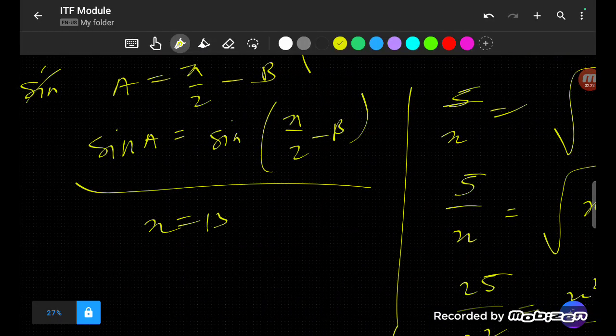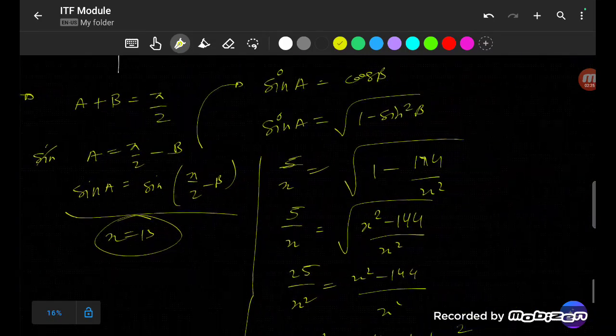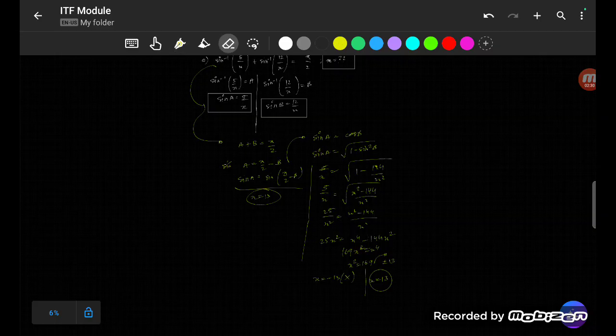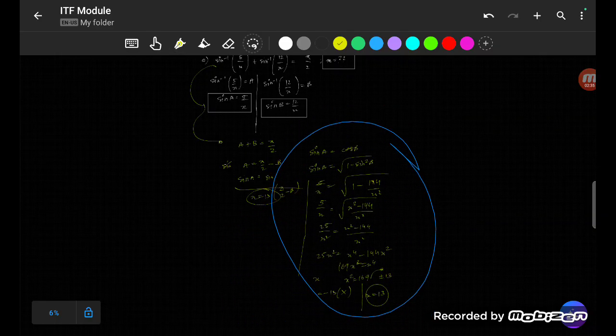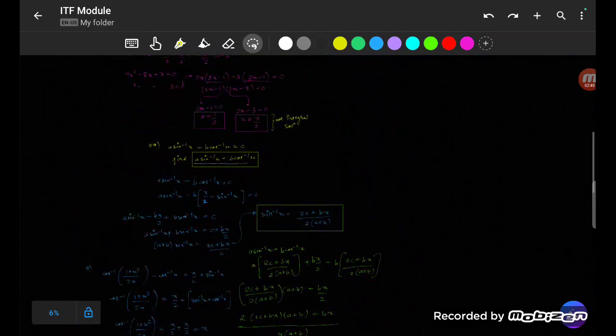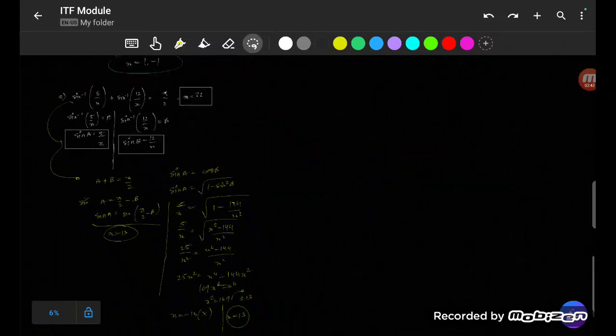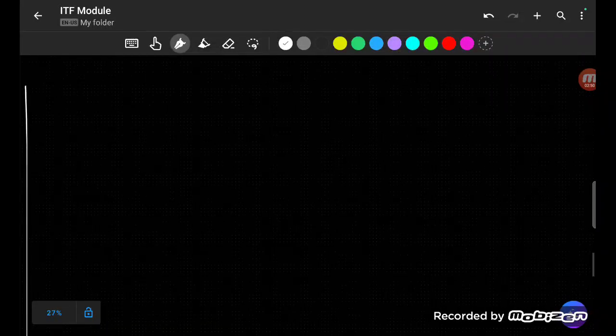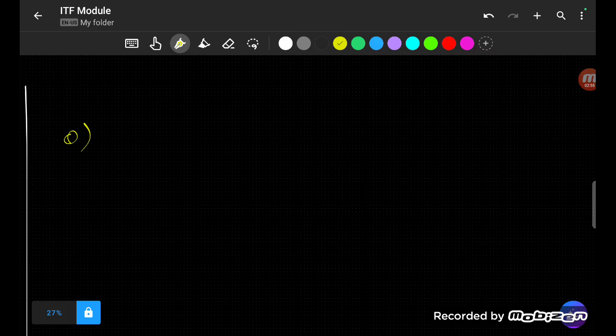X is equal to 13 because of this. X value is 13.